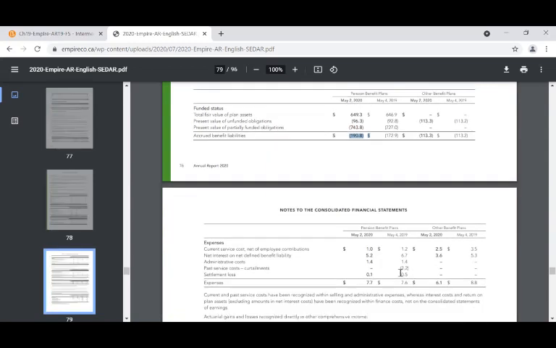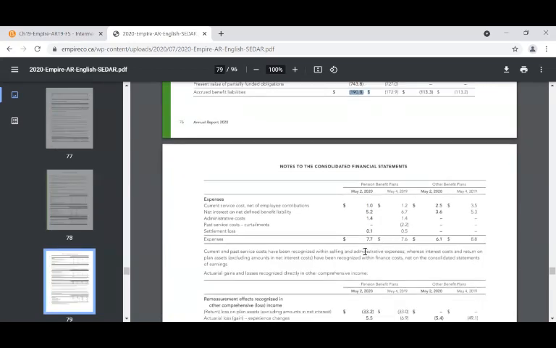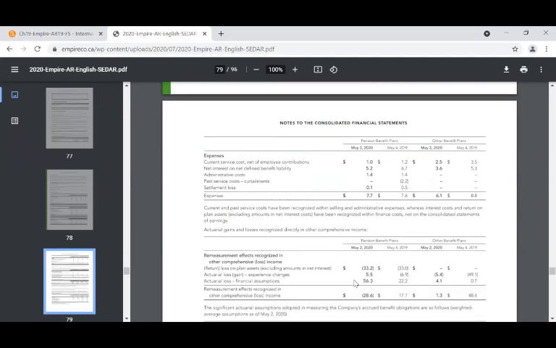And they also have pension expense. The detail. So the amount we didn't see, it's small, right? 7.7 for pension, 6.1 for other benefits. So it's 13.8 million. It's not material enough to be listed separately, so it must be included in some other expense. And so this would be the changes in the other comprehensive income part, the remeasurement gains and losses.